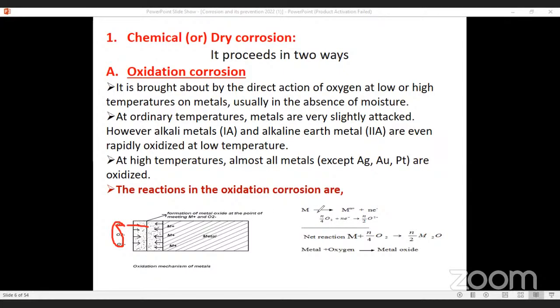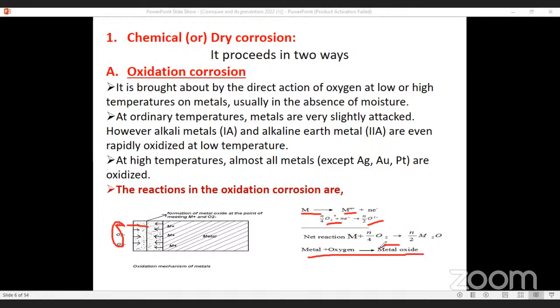Just see here the reactions. The metal gives M plus n electrons. That n number of electrons is gained by the oxygen, so that it is converted to O minus 2. Further, this metal plus oxygen produces metal oxide.